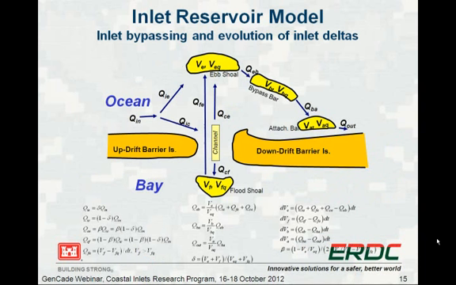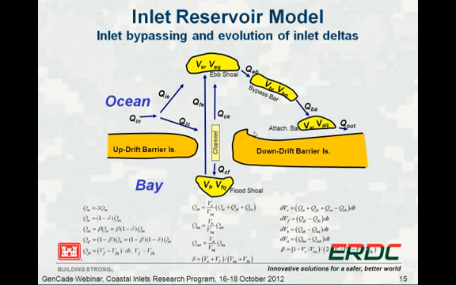And then I briefly want to talk about the inlet reservoir model. As you can see in this case, we do have longshore transport moving from left to right in this example. So as we move into the inlet area, some will move into the ebb shoal. Some of the transport will actually move into the channel and into the flood shoal.